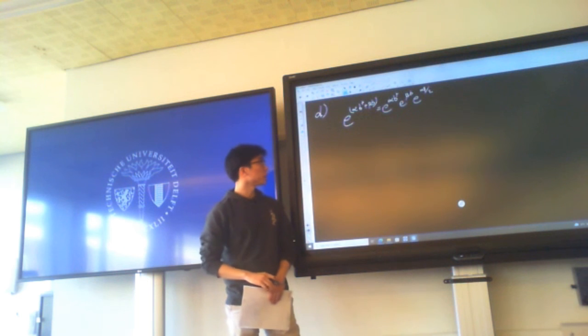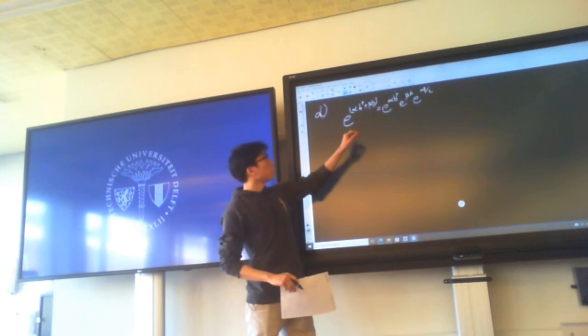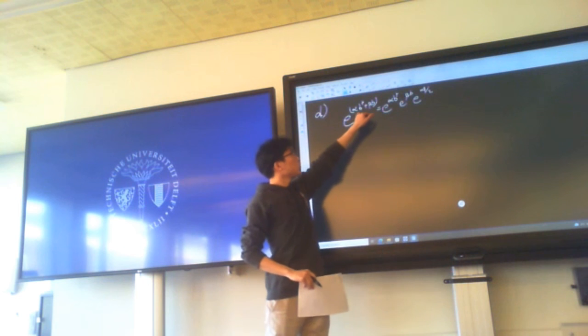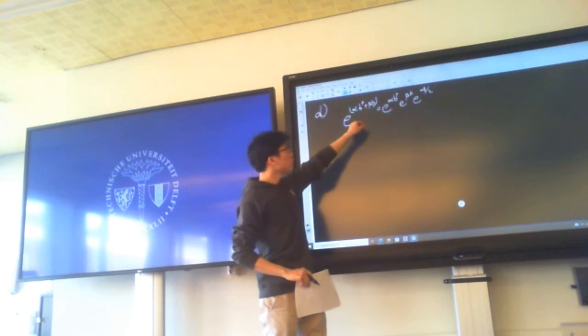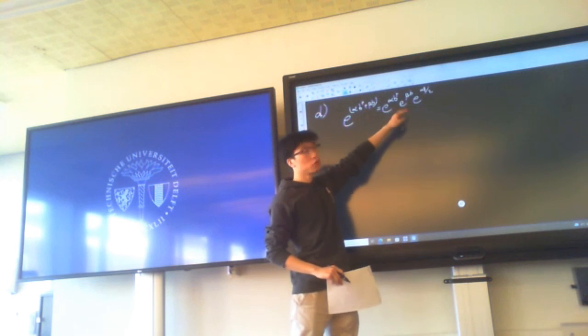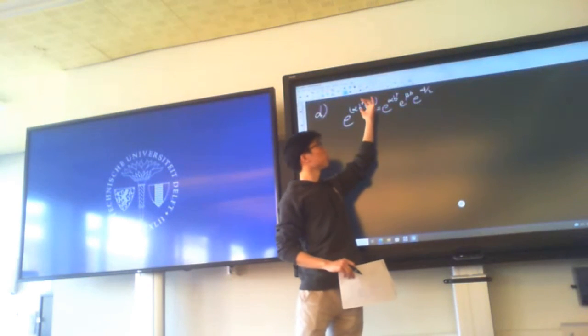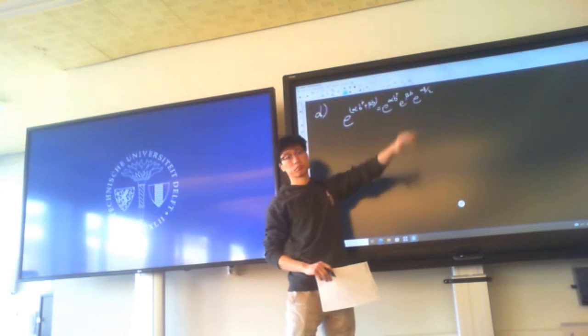And you see what's happening, because B dagger and B don't commute with each other. Whenever you try to split this exponent into two exponents, you get an additional term because B and B dagger don't commute. Yes, I see a question.